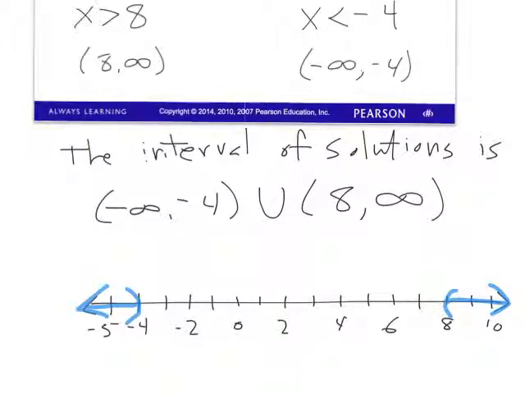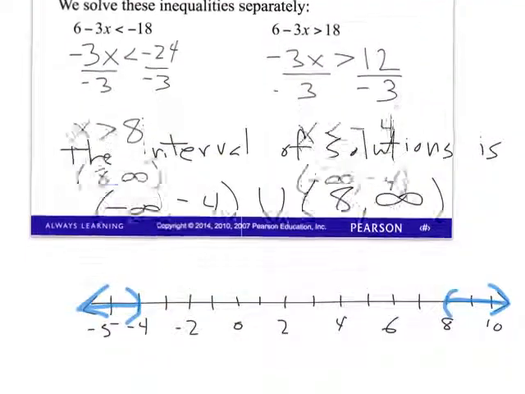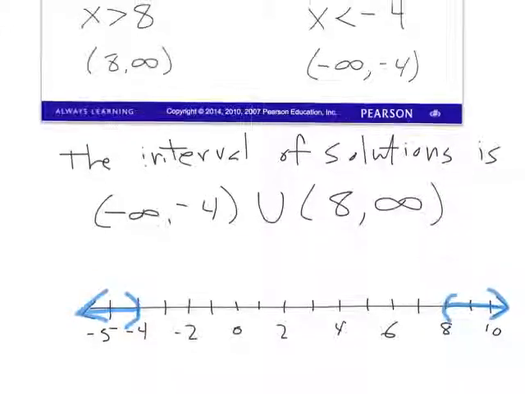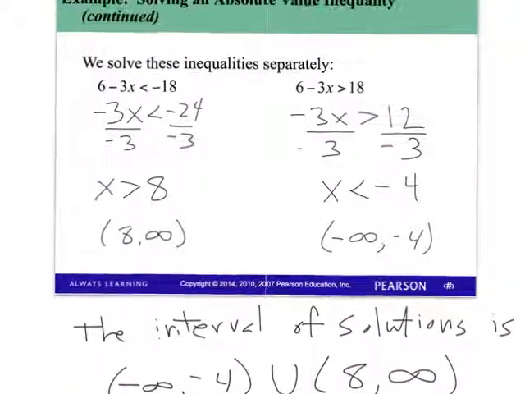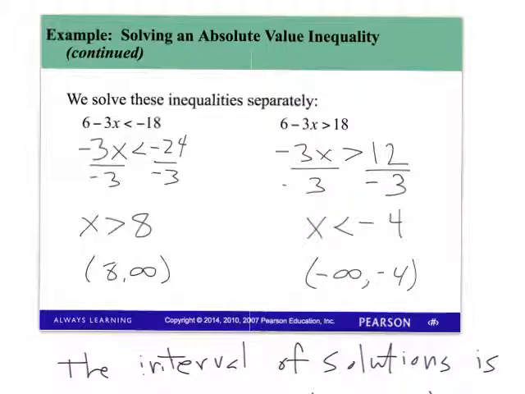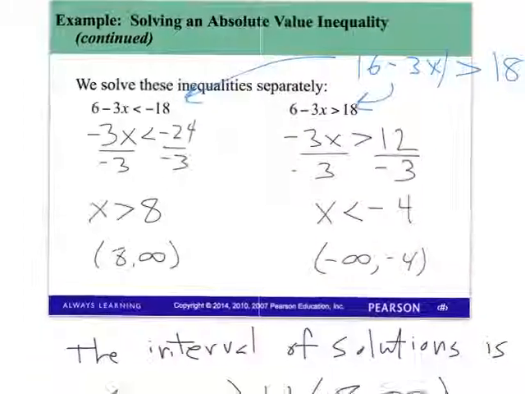So the solutions to our original inequality, which was the absolute value of 6 minus 3x is greater than 18, from which we got these two parts, end up being what we have down here.